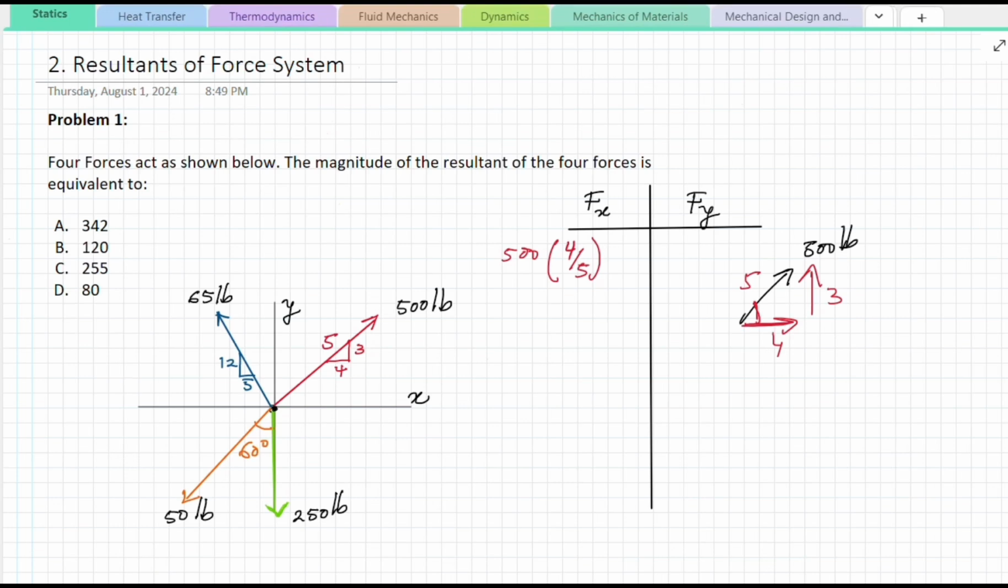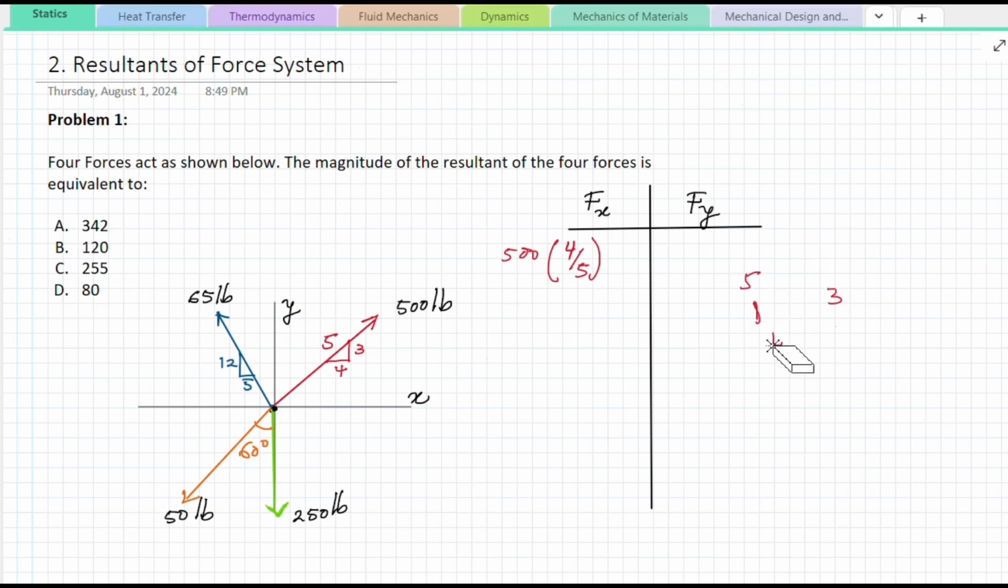The x component is facing toward the positive x-axis, and the y component is also pointing toward the positive y-axis, so we know that these two values will be positive.